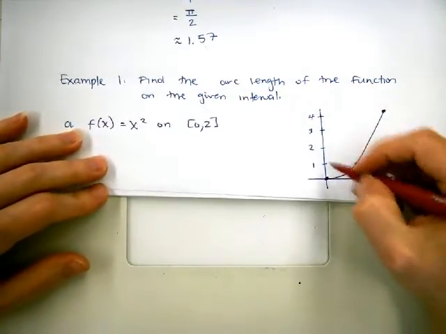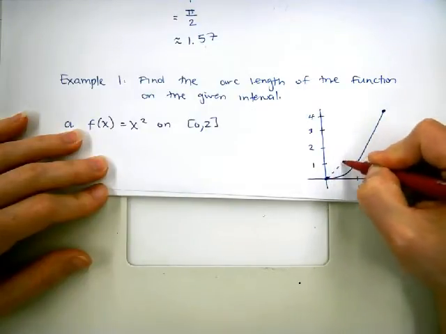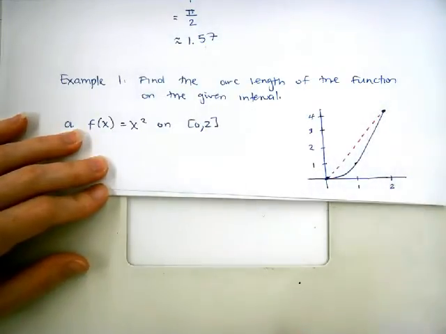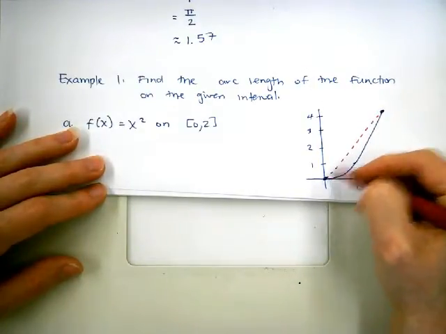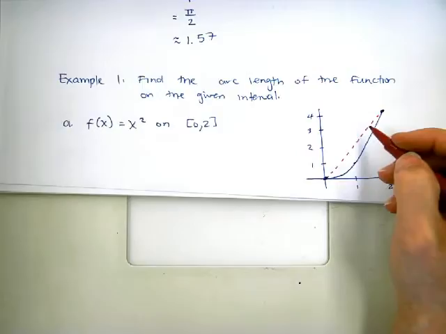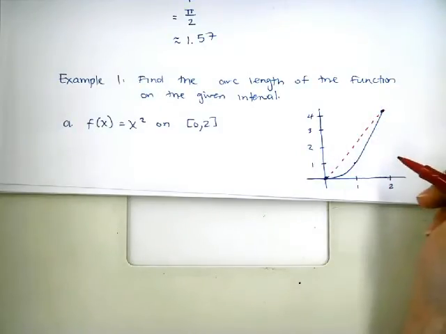So if I were to go from this point to this point just with a straight line, okay, now if I find the length of this line, is this going to be an under approximation or an over approximation to the actual distance? What do you think?